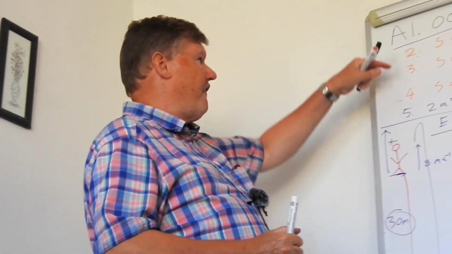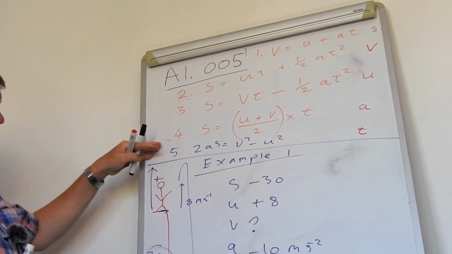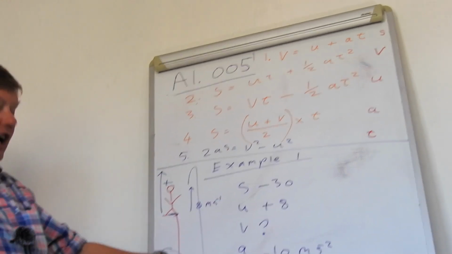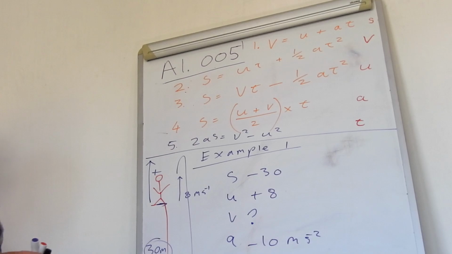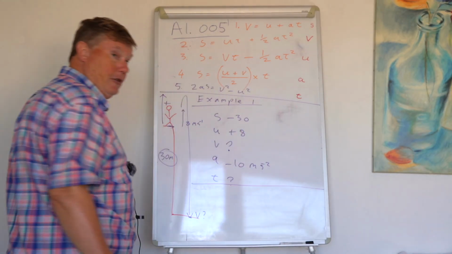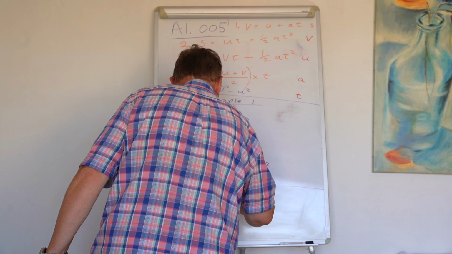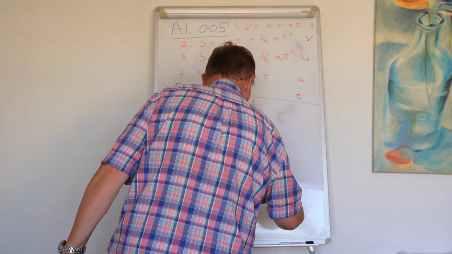So I now look at my 5 equations. Which one of my 5 equations lacks the thing I don't want, which is T? Number 5. So I am going to use number 5 to solve this. 2as equals v squared minus u squared.